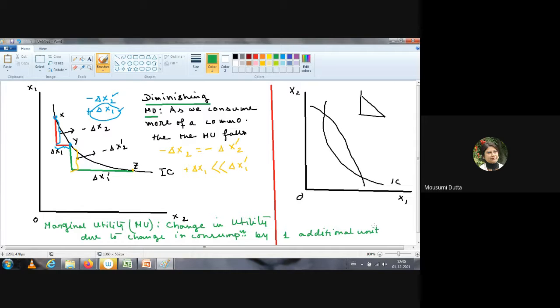If I continuously sacrifice orange and increase the consumption of apple, the additional satisfaction I am getting out of consumption of one more apple will fall. So I need more and more apples to compensate the same loss in orange.